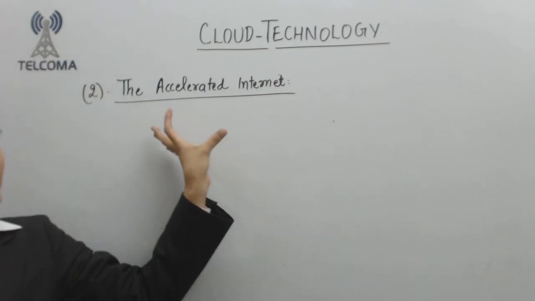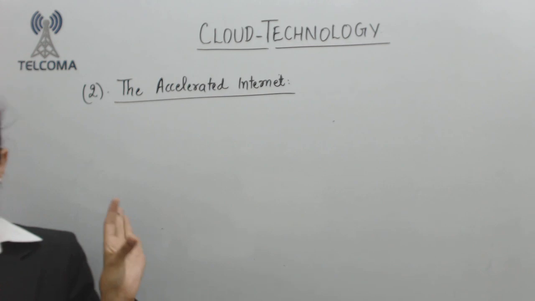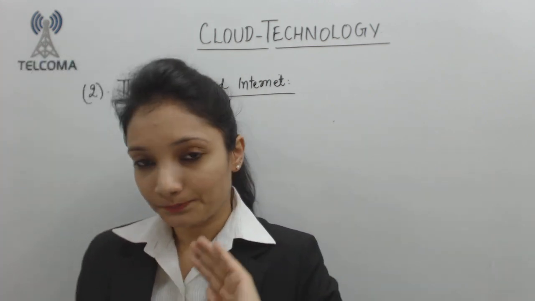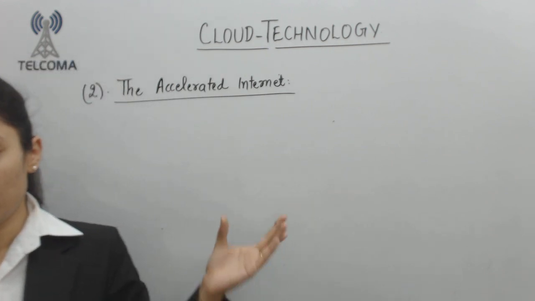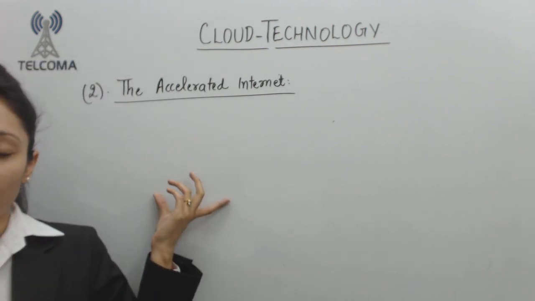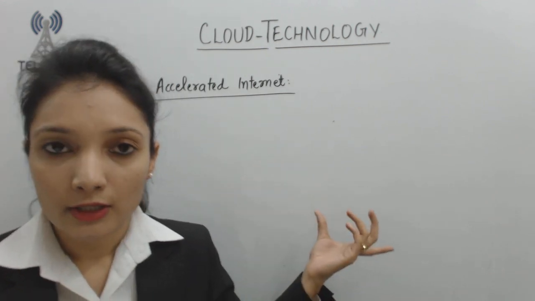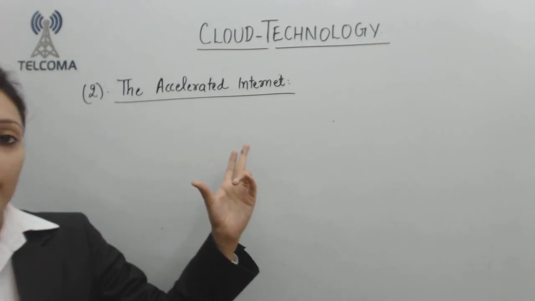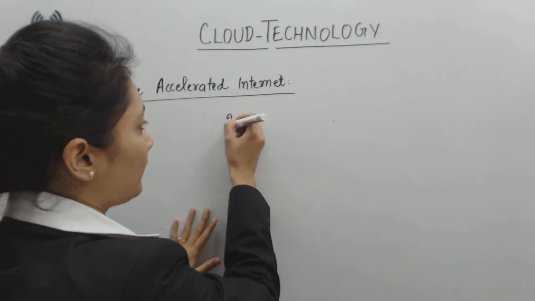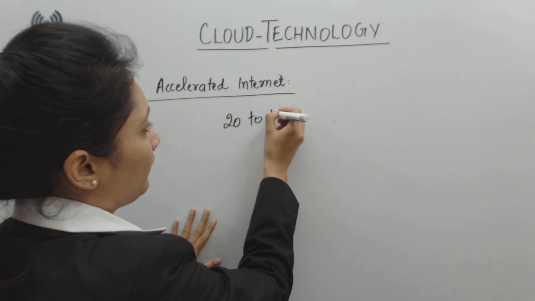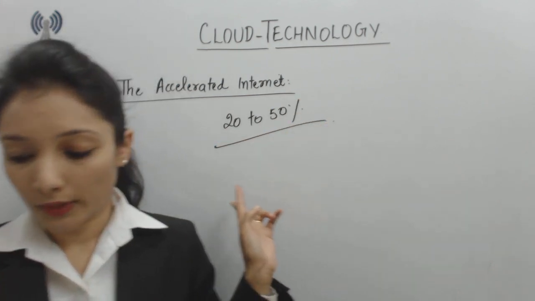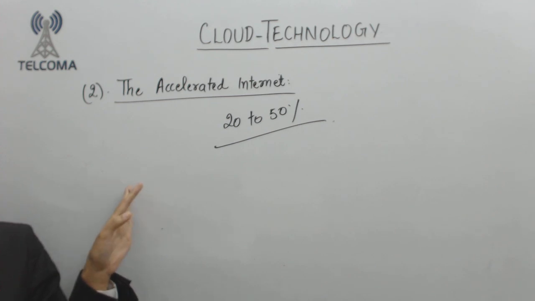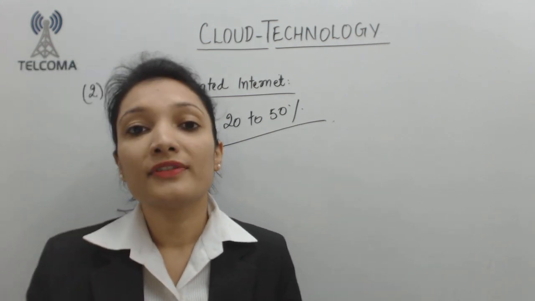So with the help of this accelerated internet, what happens? The cloud improvement can increase from 20 to 50% by offloading network related functions from service. So that means with accelerated internet, the cloud performance or services are increased by this rate, 20 to 50 percent. Now some of the providers are offering these services.